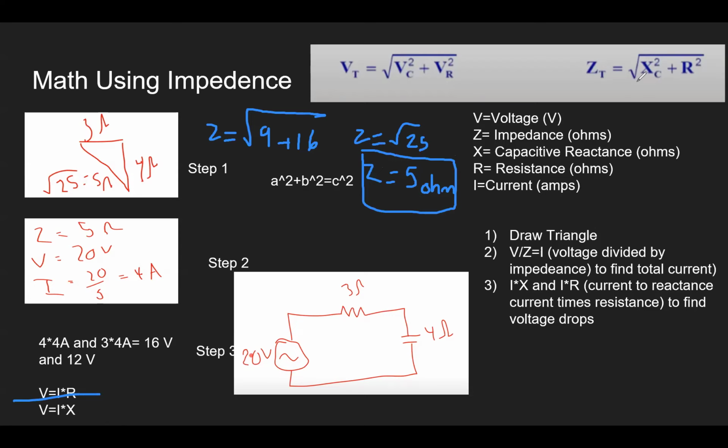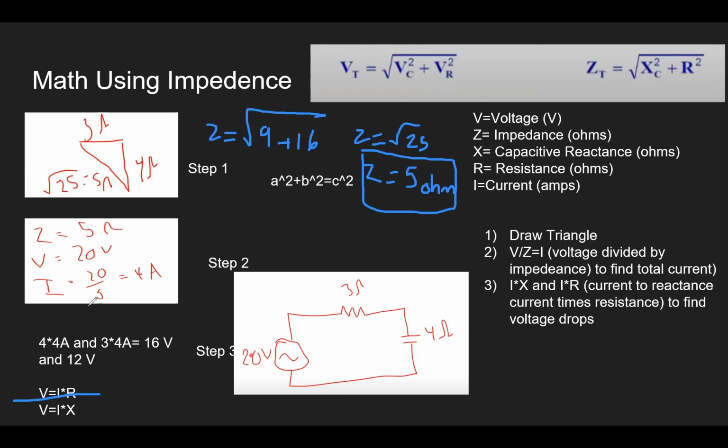Once you have impedance, it can serve as your total resistance in a circuit with resistance and reactance, because it's a combination of both, and both forces work similarly. So we can solve for current or voltage if we have impedance, because impedance is the way we combine resistance and reactance.